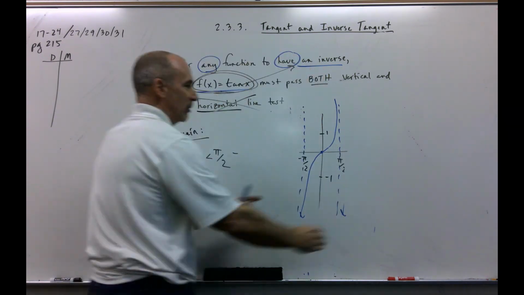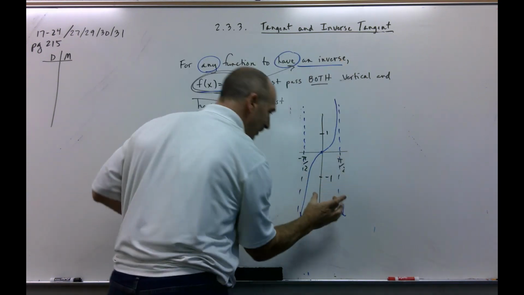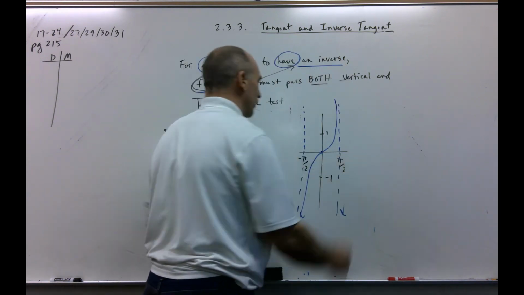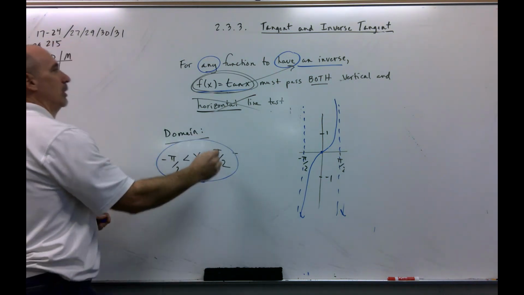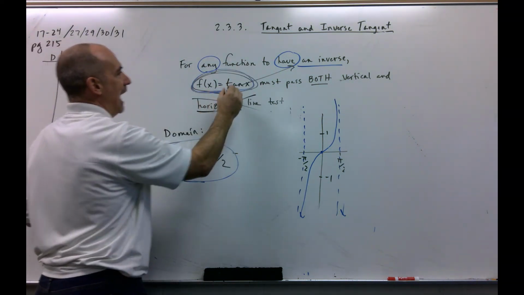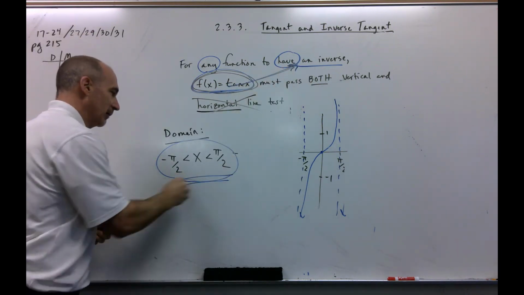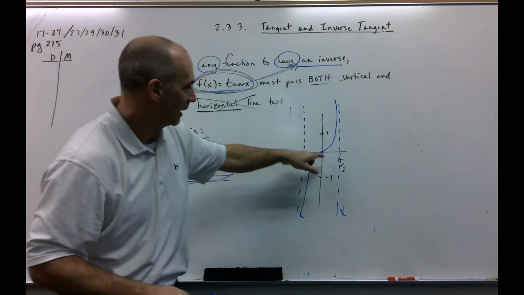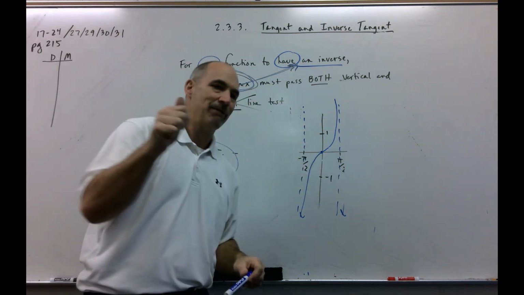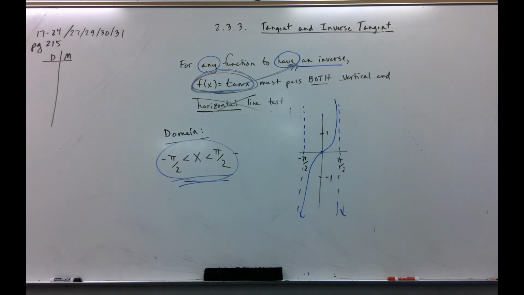Now they could have picked this window and that window and this window, but they stick with this one because it comes off the center. So, in this window, tangent has an inverse function. So that's why the domain for tangent, when calculating the inverse function, can only fit in that window. That finishes today's lesson. That finishes the lesson, final lesson of Unit 2.